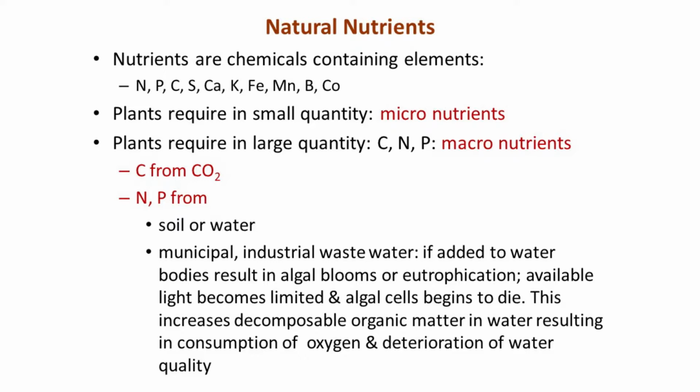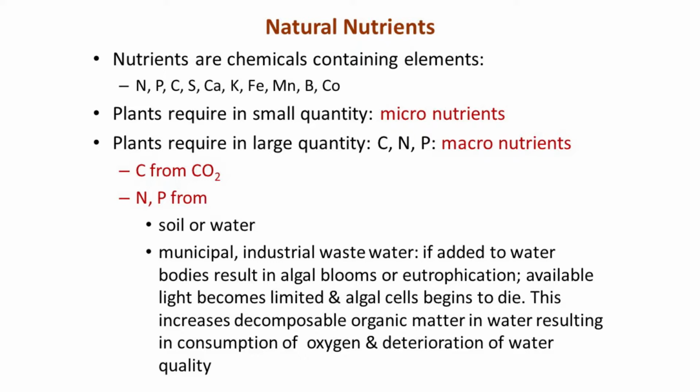Some are required in small quantity and these elements are known as micronutrients. Some nutrients are required in large quantity and these are known as macronutrients. Carbon is obtained from the carbon dioxide present in the atmosphere, while nitrogen and phosphorus are obtained from the soil or water.